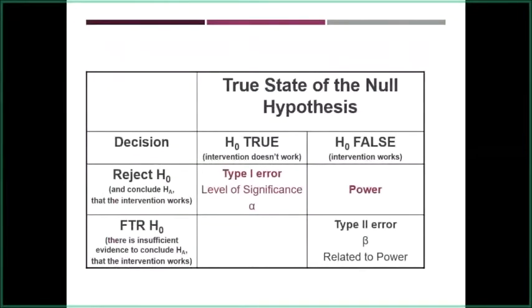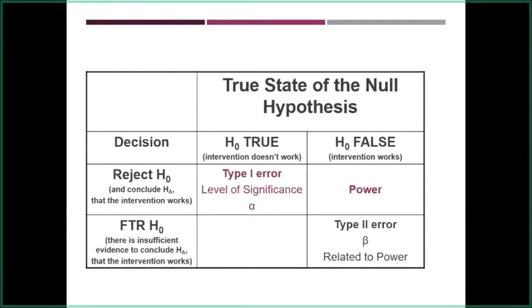Okay, so if there are two true states, the null hypothesis is either true or it's false, and I'm going to take a little segue and say that there are only two decisions that we can make as a result of a statistical test. We can either reject the null hypothesis and conclude that the alternative is true, or we can fail to reject it. So we don't accept it.